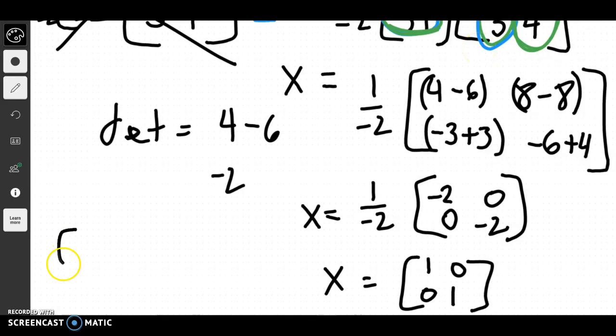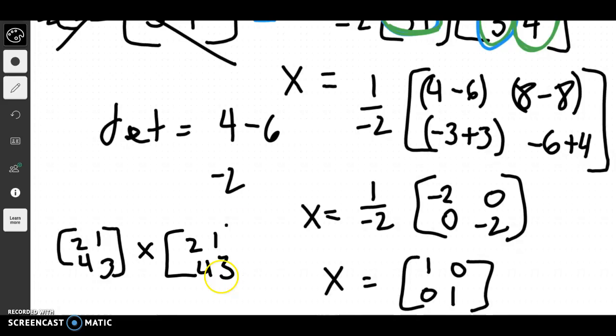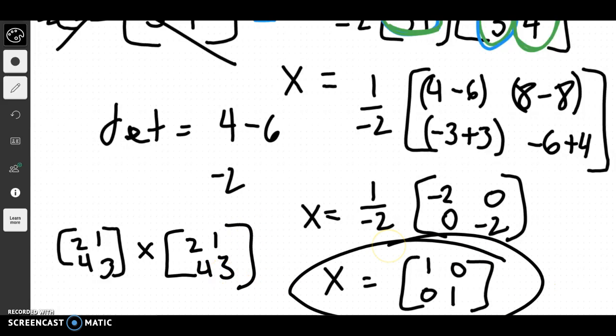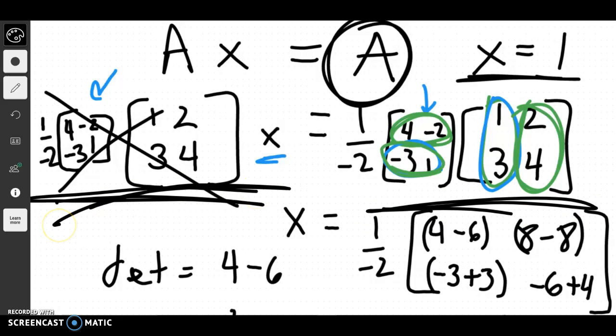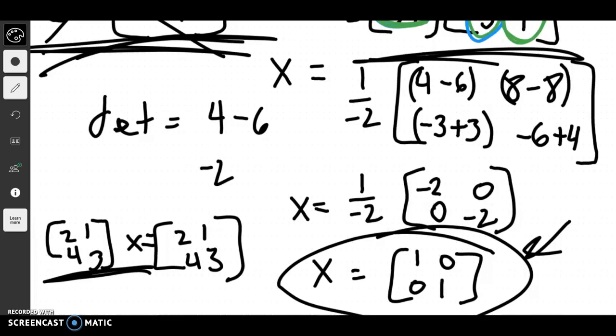So if you ever get a case where you have the same matrix equaling the same matrix, you know that x is the identity. Because you want to multiply this thing by 1, and that's how we say 1 for matrices. That's really what's happening when we multiply these sides, because you could see that literally we're multiplying the same thing on both sides. That's why this thing cancels. It becomes the one matrix. If you have any questions on this, let me know.